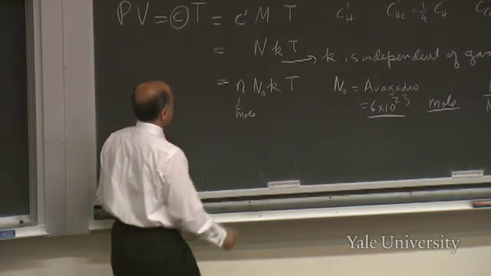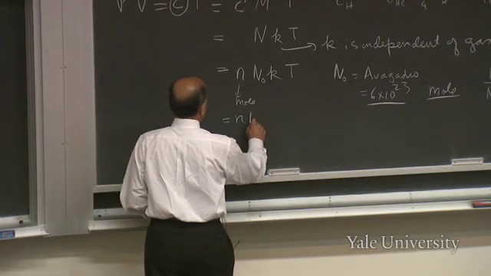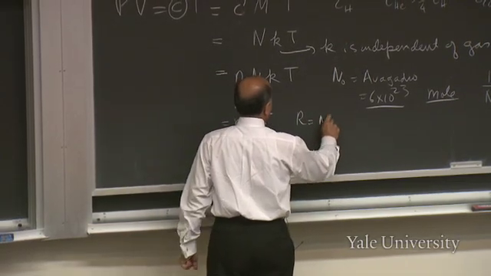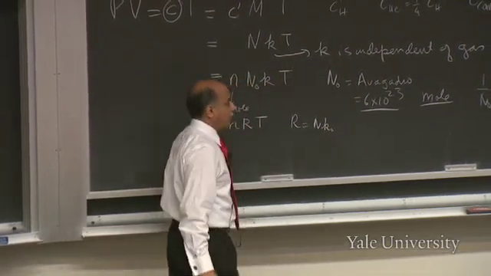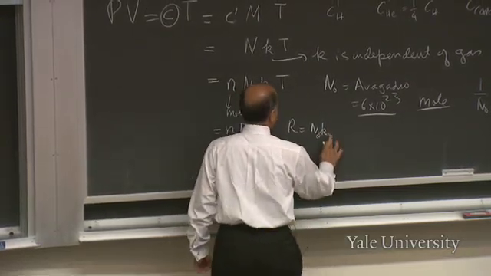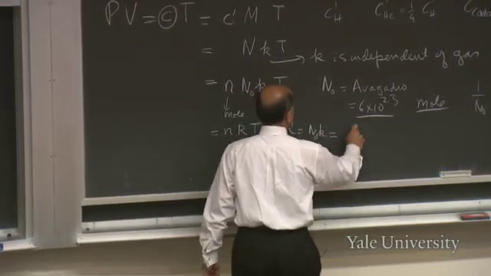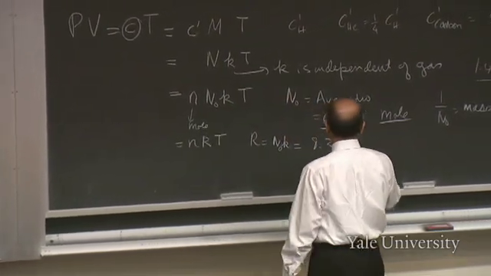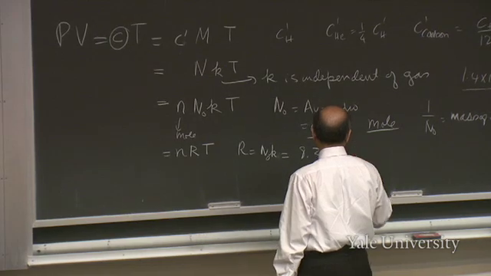If you write it this way, then you write it as nRT. R is the universal gas constant, which is N0 times the Boltzmann constant. That happens to be 8.3 joules per degree centigrade or per Kelvin.